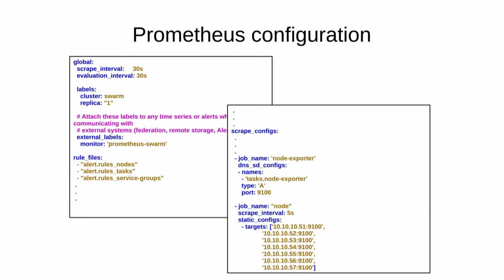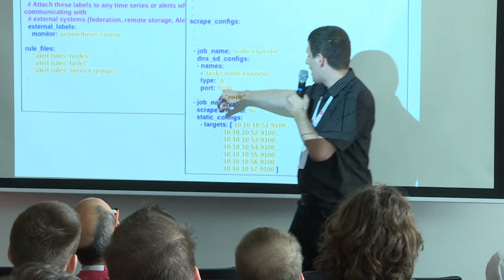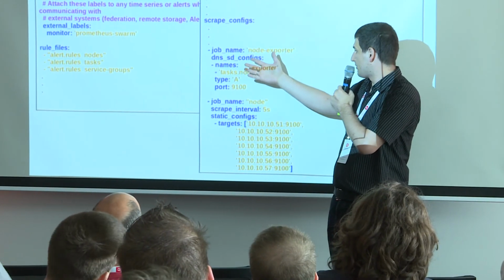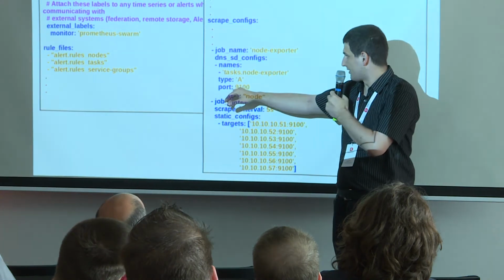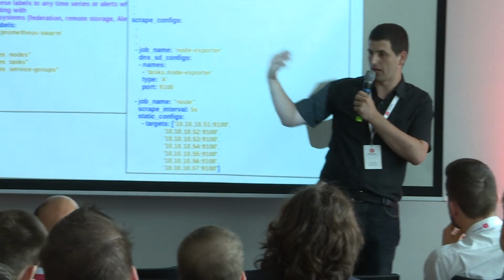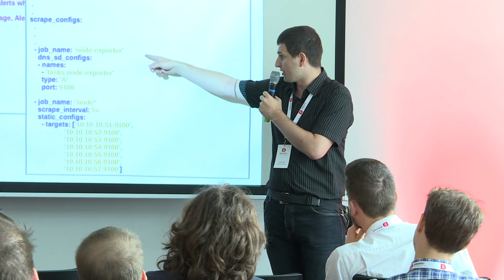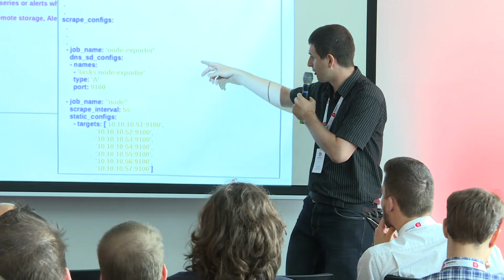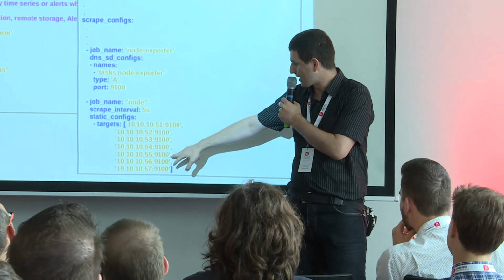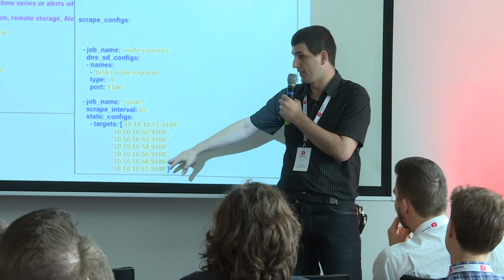So every 30 seconds, run a query against my DNS, search for A records, find their IP addresses, go to those IP addresses on port 9100, and pull the metrics you are able to find. So this is the dynamic configuration, but you can also add hosts manually if you wish.